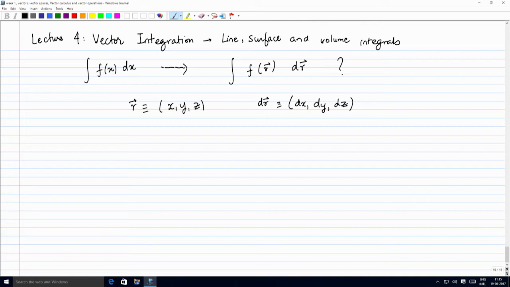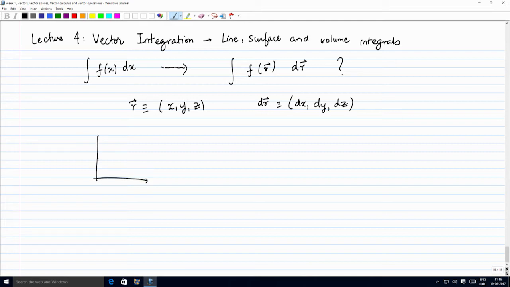You can do things called line integrals, where you actually integrate along a certain line. You can do a surface integral where you integrate over the vector, and the vector can be anywhere on a surface, or you do a volume integral where your vector can be over an entire volume region. So the basic idea is the following.